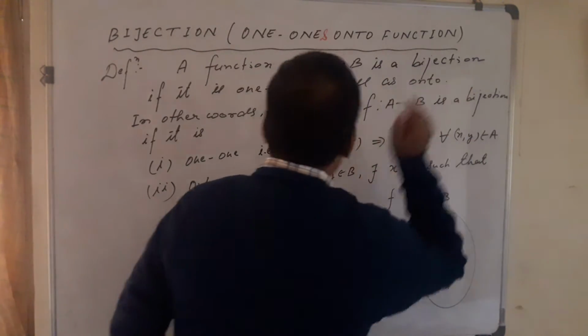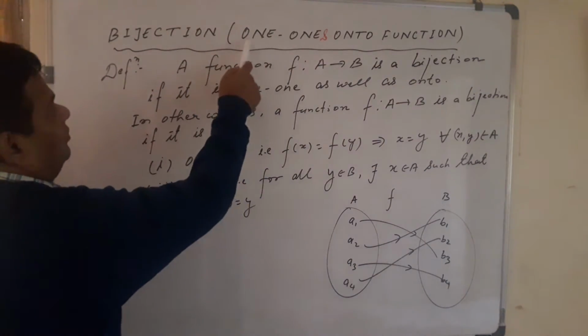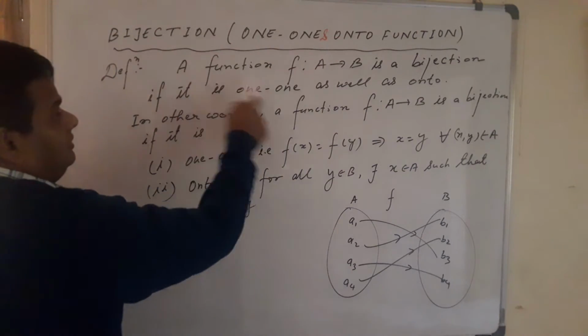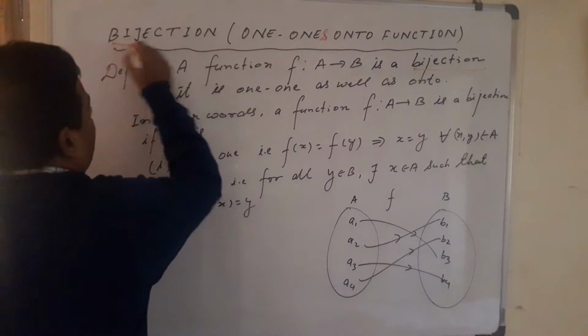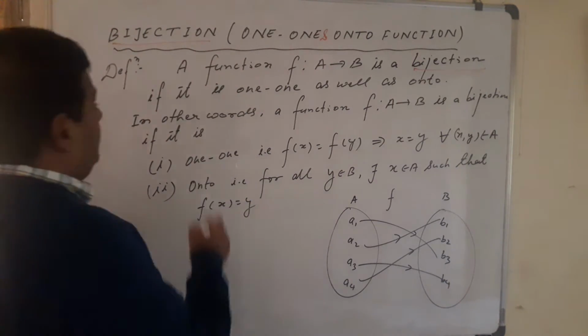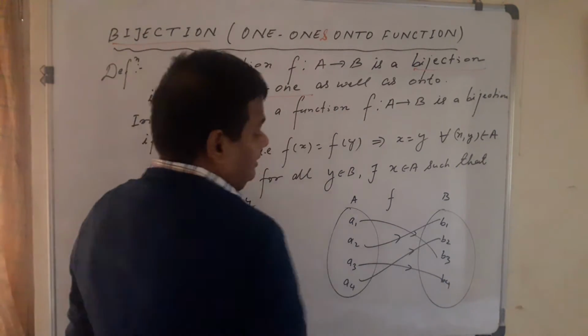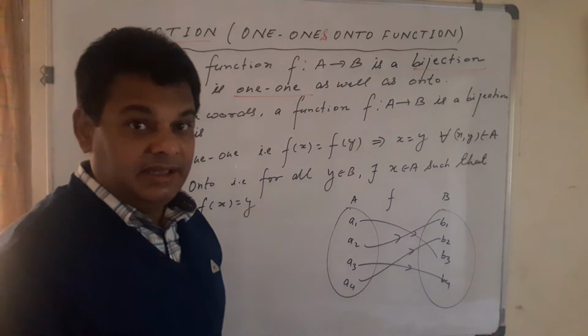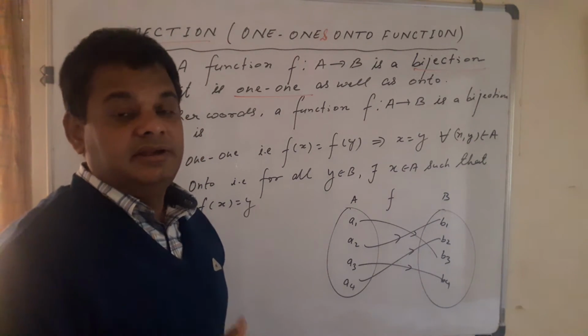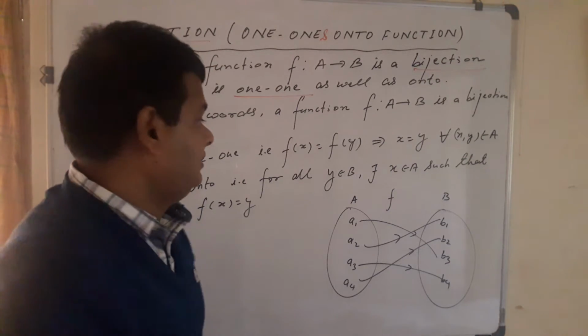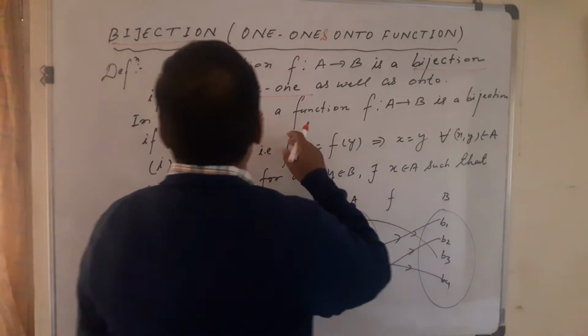It is a bijection. Another name of a one-one onto function is bijection. If it is a one-one function and an onto function, then we can say that it is a bijection. So see here.